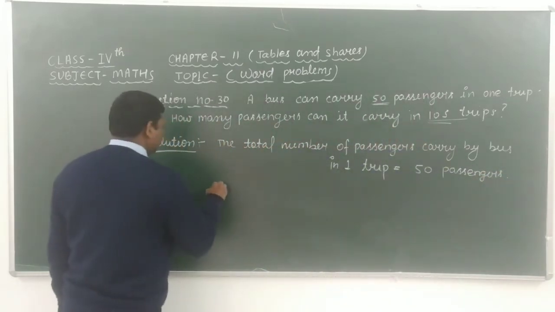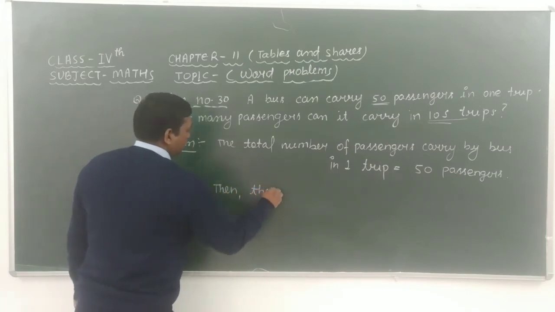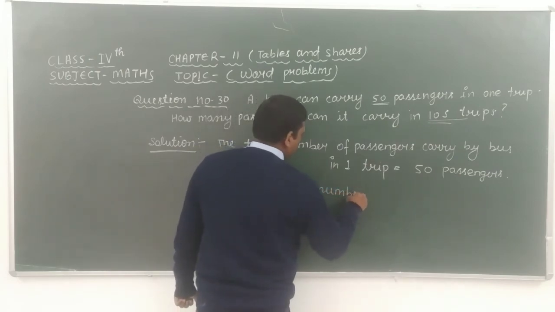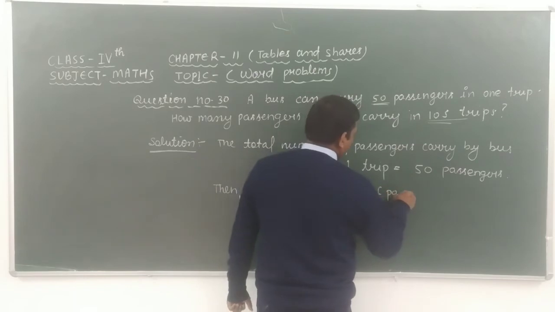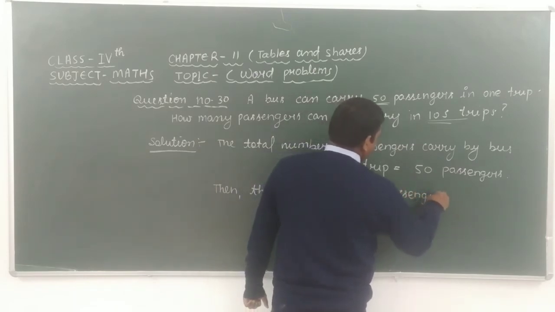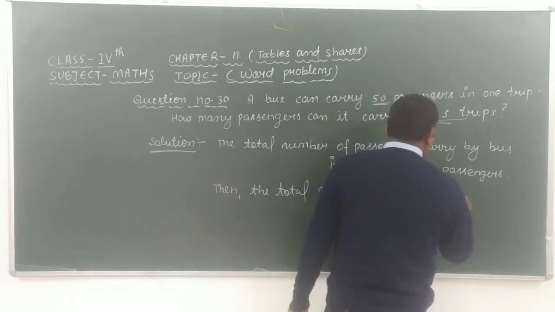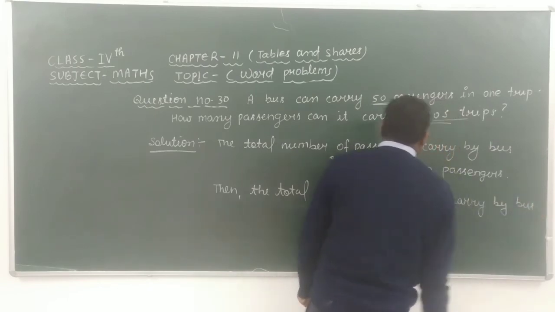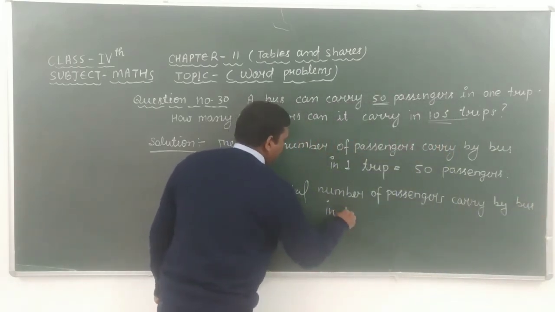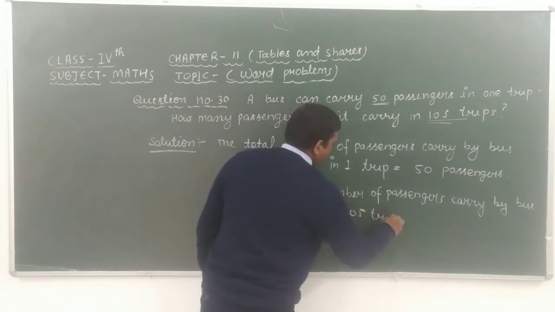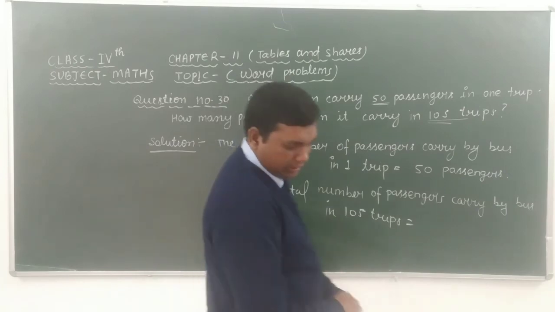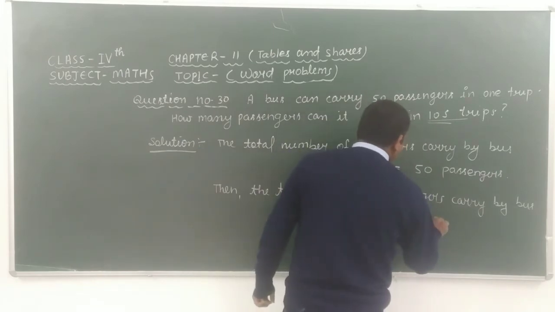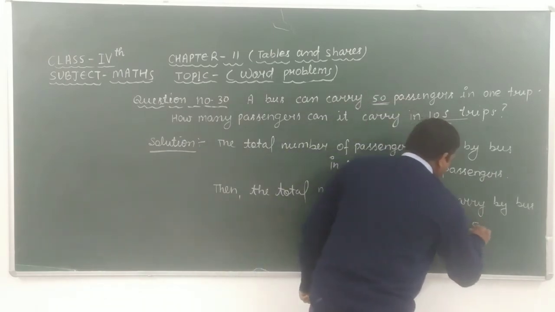Then the total number of passengers carried by bus in 105 trips is equal to, dear sir, here we have to take the multiplication of 105 by 50 passengers.